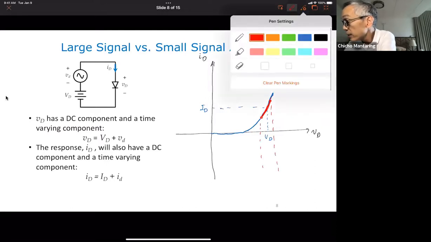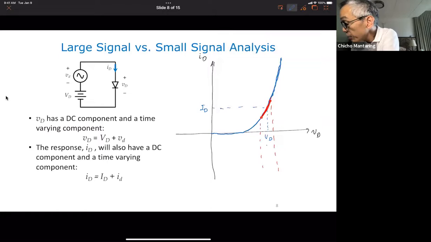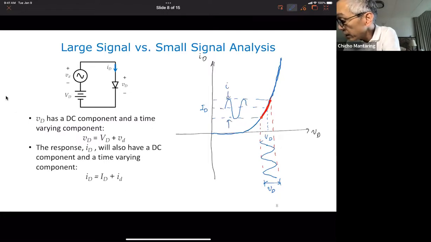In other words, this is now my small v sub d, and this is now going to be my small i sub d. Sorry, this is supposed to be d. Did you get it? Nakuha nyo?